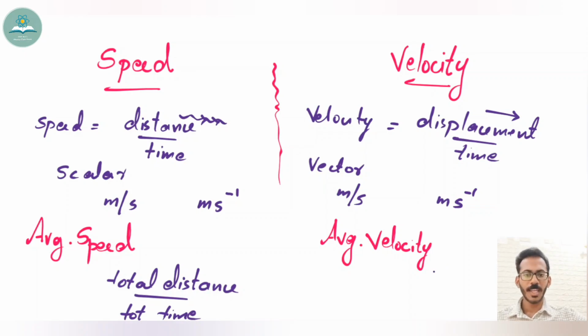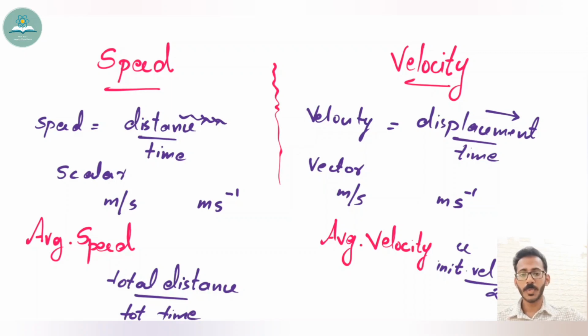In the question, if they are giving you the initial velocity and final velocity, then you can just add both and take the average. So, average velocity is initial velocity plus final velocity divided by 2. If initial velocity is represented using the letter U and final velocity V, if both are given, add both and divide by 2.